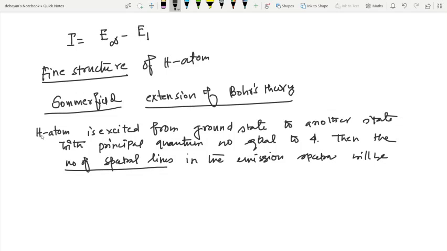Or there is another question that will come, that you have to find the largest and shortest wavelength of the Lyman series.